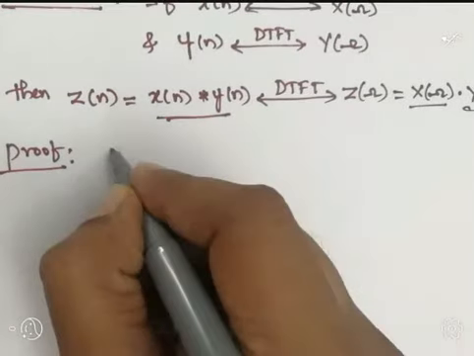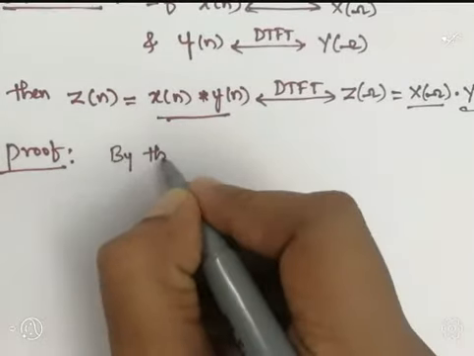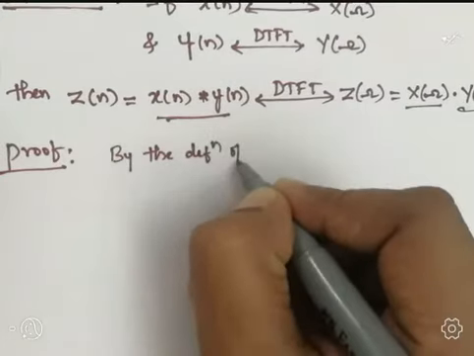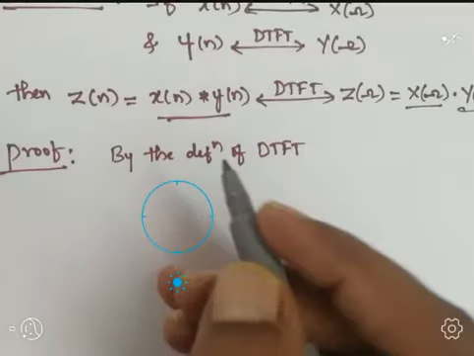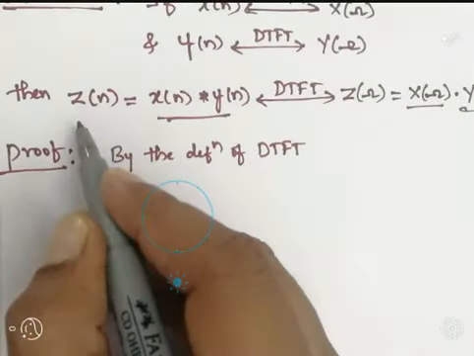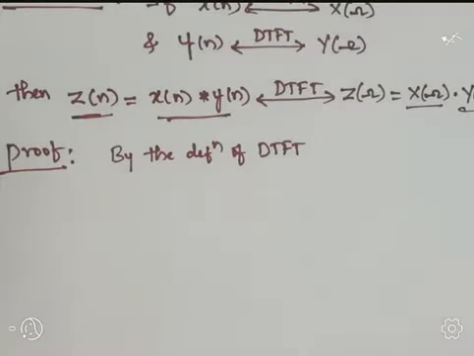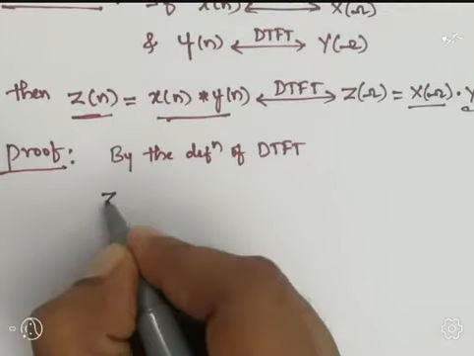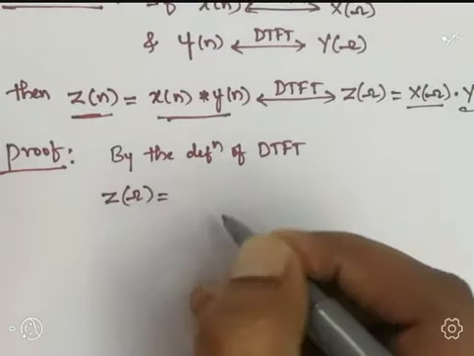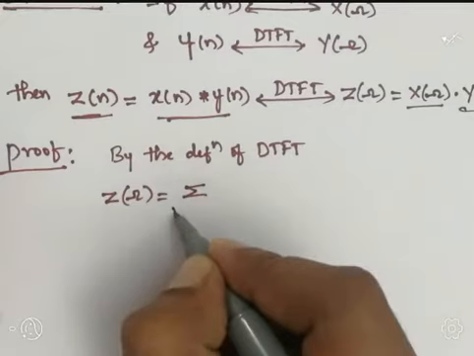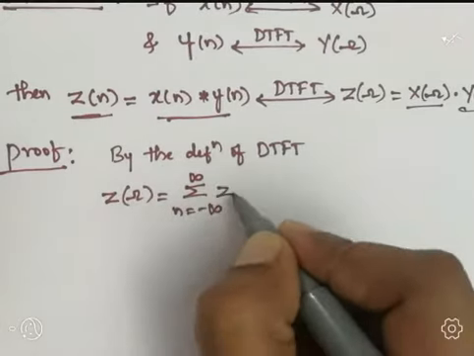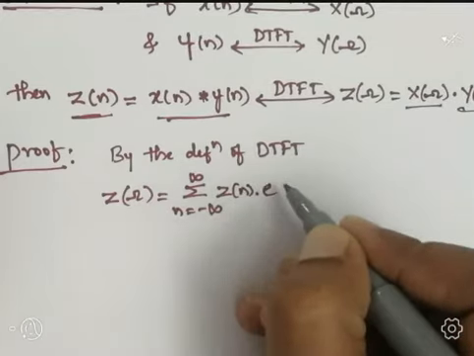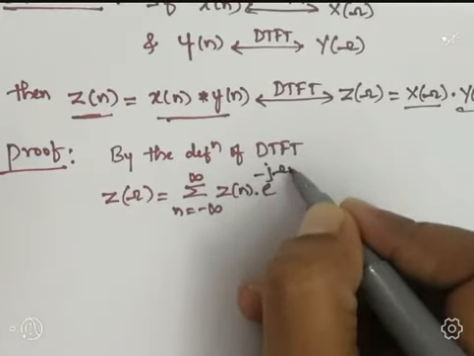Now, with the help of the definition of DTFT, I am applying the DTFT to z of n. Then we get Z of omega is equal to summation n equal to minus infinity to plus infinity z of n multiplied by e to the power minus j omega n.